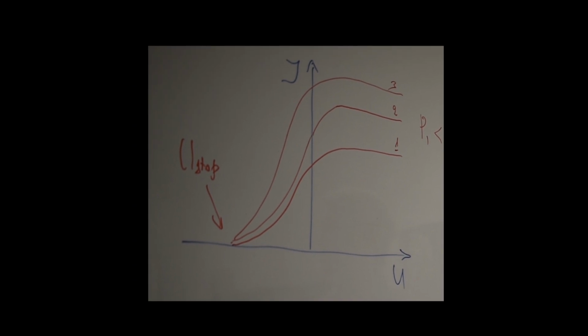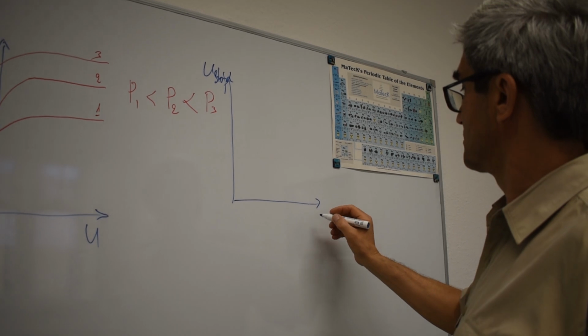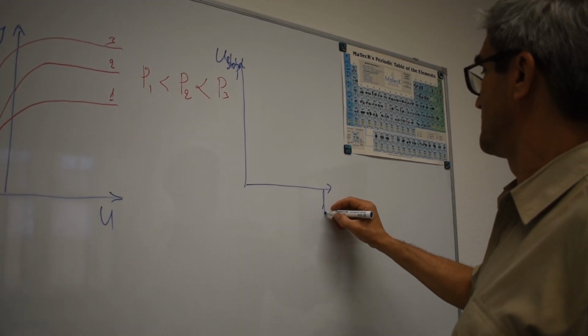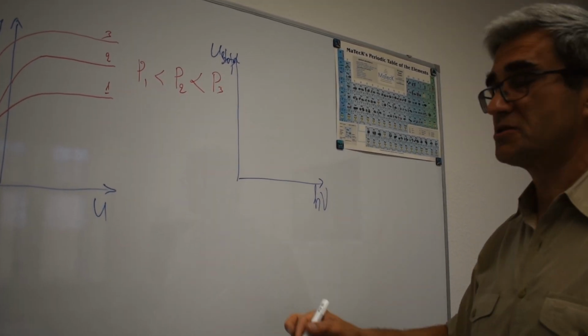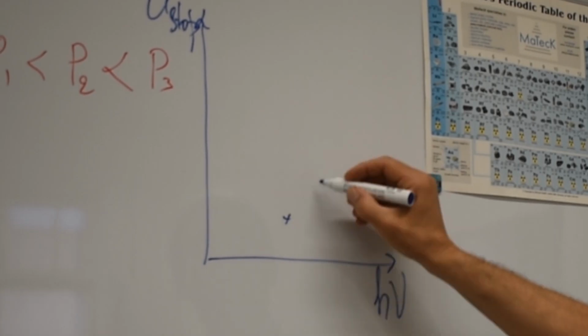Okay. And if we now consider the dependence of the stop voltage on frequency, or better to say, on the energy of the photon, so Planck constant times frequency, we come to the following dependence.